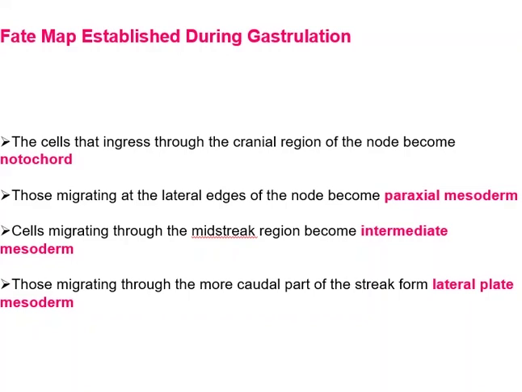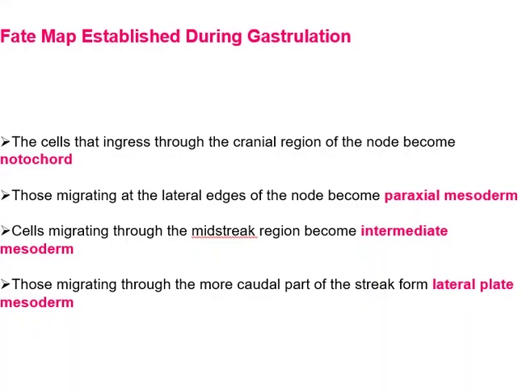Hence, we have here the three types of intraembryonic mesoderm. We have paraxial mesoderm just lateral to the notochord, intermediate mesoderm lateral to paraxial mesoderm, and finally lateral plate mesoderm, the most lateral layer of the mesoderm.